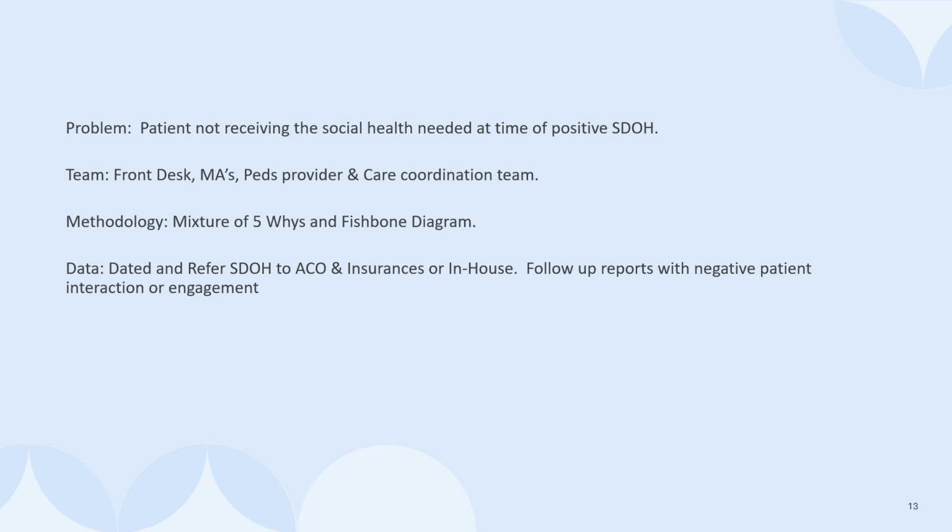The team involved was everyone from front office to medical assistants to the provider to our care coordination to ACO teams. To do our root cause analysis, we used a mixture of the five whys and the fishbone diagram. We collected data from our screening tools and kept track of everything, following up on reports to see if there was any negative patient interaction or engagement.